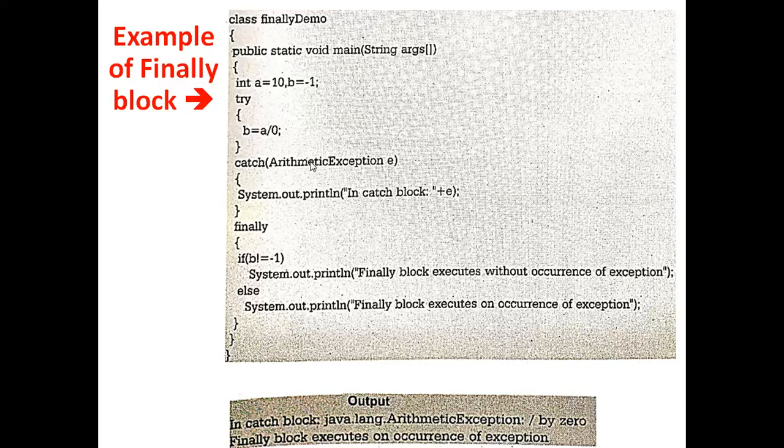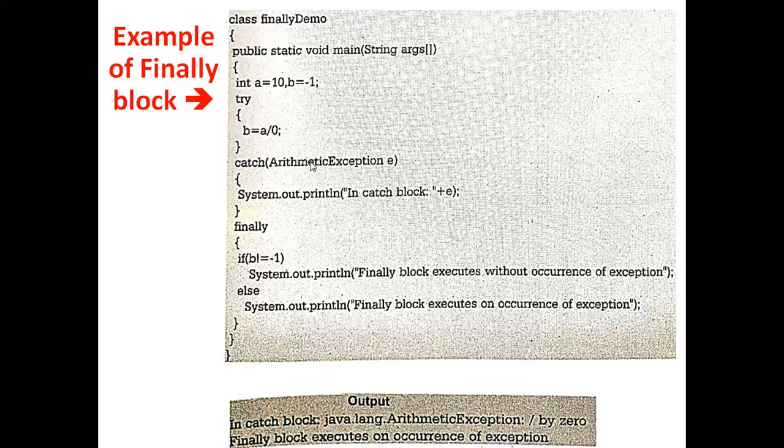Even though this is an arithmetic exception, the finally block will be executed. Therefore, I've used the keyword finally, where I've used an if else statement. If B is not equal to -1, then it will print system.out.println finally block executes without occurrence of exception, or else the else part will be executed, that is, finally block executes on occurrence of exception.